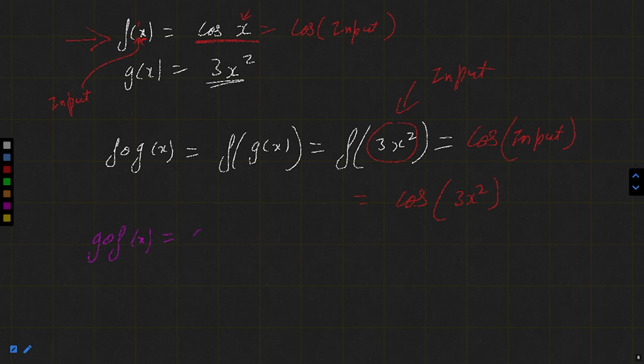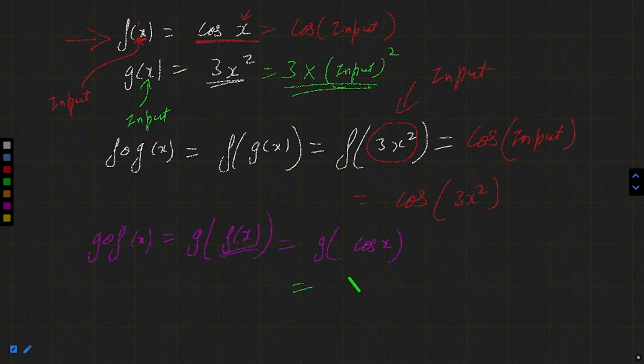So in gof, what we need is g of f(x). Here f(x) is what? Cos x. Now what does g do? Whatever the input, it will do 3 times input square. This will be my output.